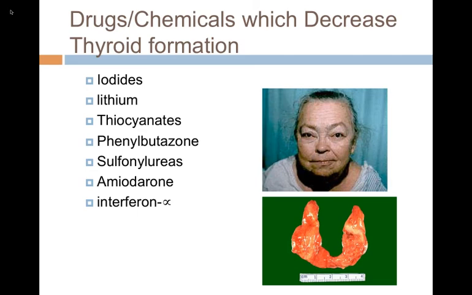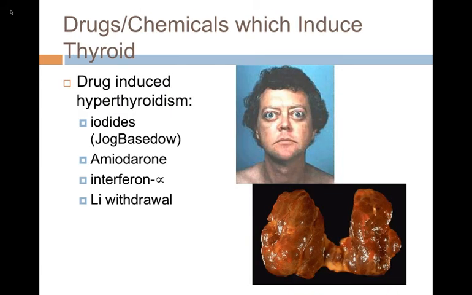And interferon alpha. All those things will decrease thyroid formation, chemically possibly causing hypothyroidism, which is what I'm showing you here with this woman looking like she has low thyroid and her thyroid is small. Not her. That's not hers, obviously.